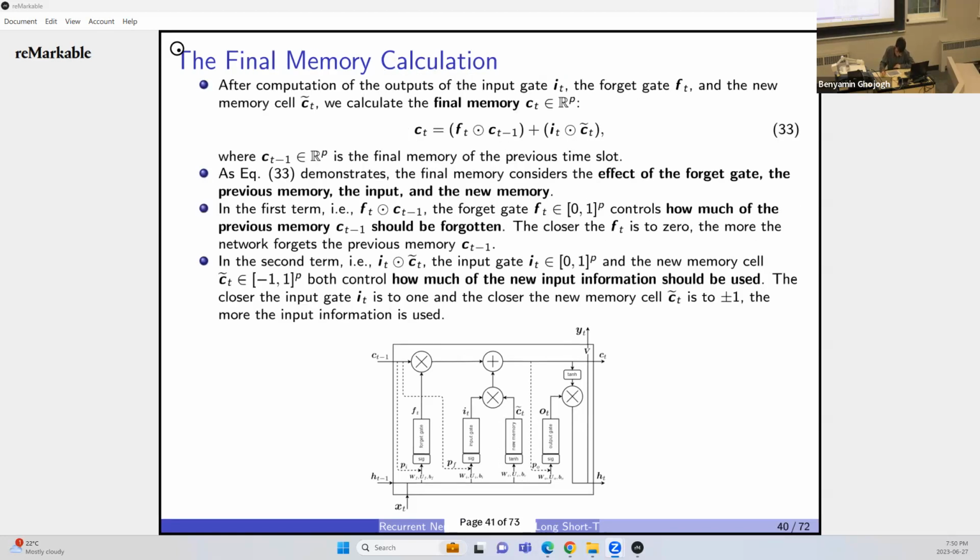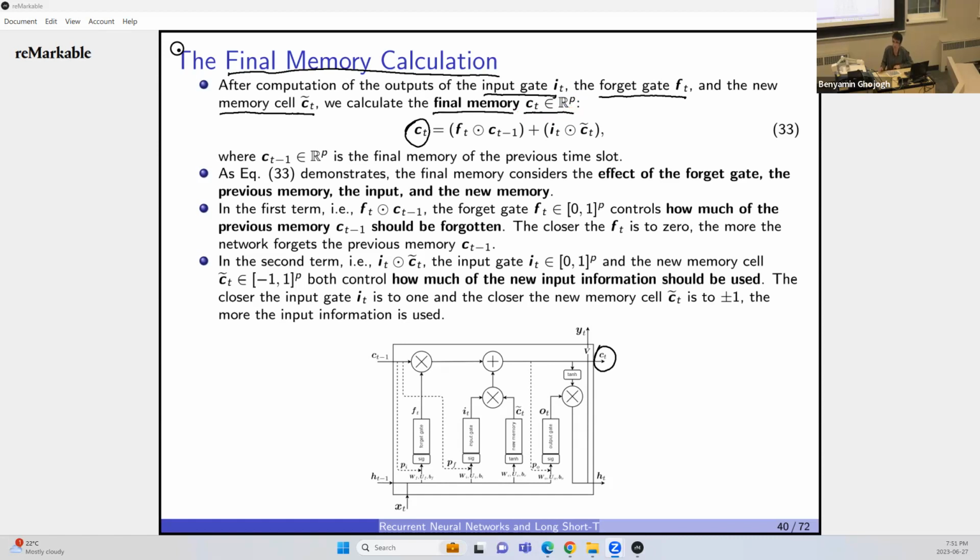Now we have the final memory calculation, which is CT. CT in this figure is here. So what is it? It gets the outputs of the input gate IT, the forget gate FT, and the new memory cell CT tilde. It uses them in order to calculate CT, which is a p-dimensional vector.